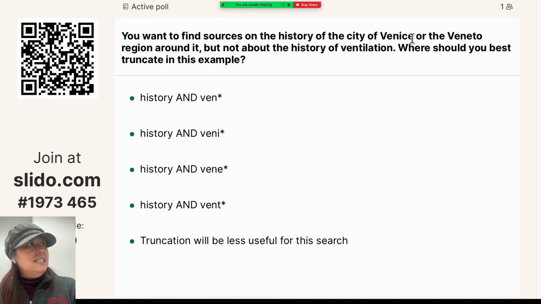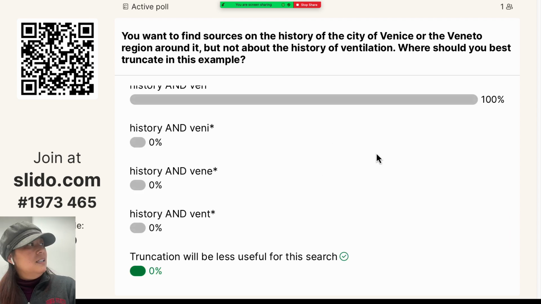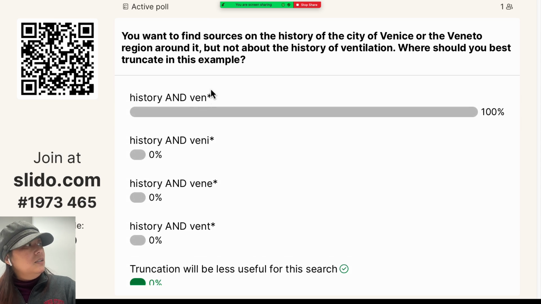You would take out the ICE and the ETO, but notice VEN is also common in ventilation. So this is another example where truncation isn't going to be very useful for this search. I know some of you answered VEN, but if I do just VEN, it's also going to give me ventilation, which is the reason why this is not going to be all that useful.